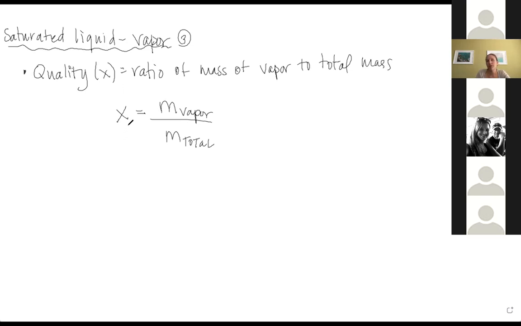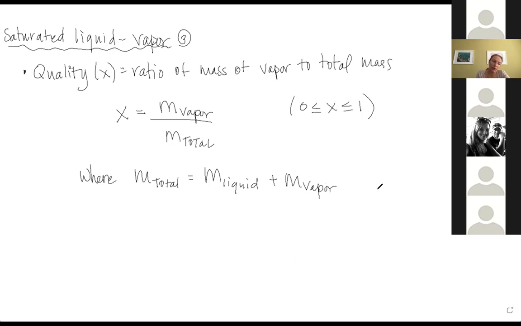So X is a ratio term, it's a unitless term, and it's going to be between 0 and 1. If you have a value of 1, your entire system is vapor. If you have a value of 0, your entire system is liquid. Because our total mass is just our mass of our liquid plus our mass of our vapor, which makes sense for a liquid vapor region.